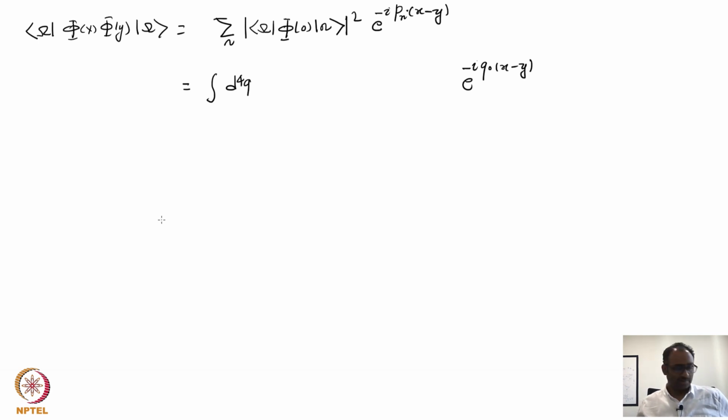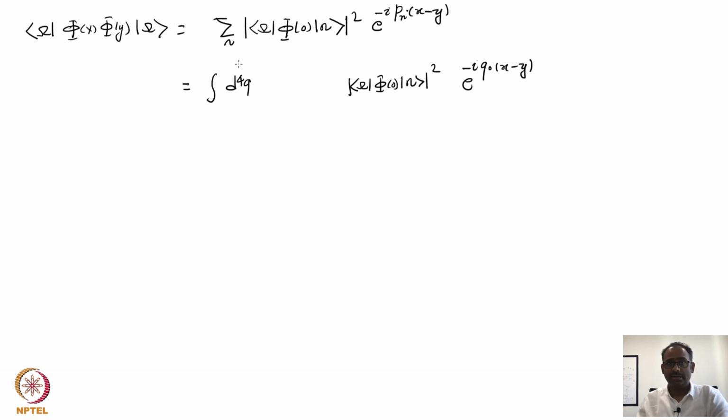Now to arrange that, this piece is there anyway, so I should write it here, and a summation over n, and then |<Omega|phi(0)|n>|^2.